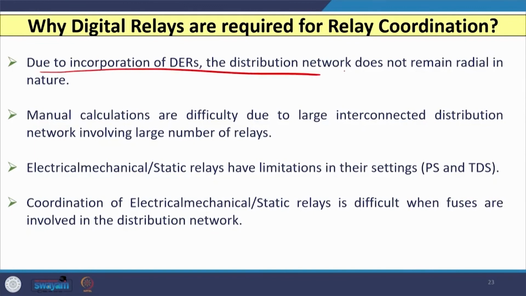The important point is that because of the interconnection of different distributed energy resources like solar, wind, etc., the distribution network, which was earlier radial in nature, is now not radial in nature. So, bidirectional sources are connected and that is why we have to rethink the coordination of relays.